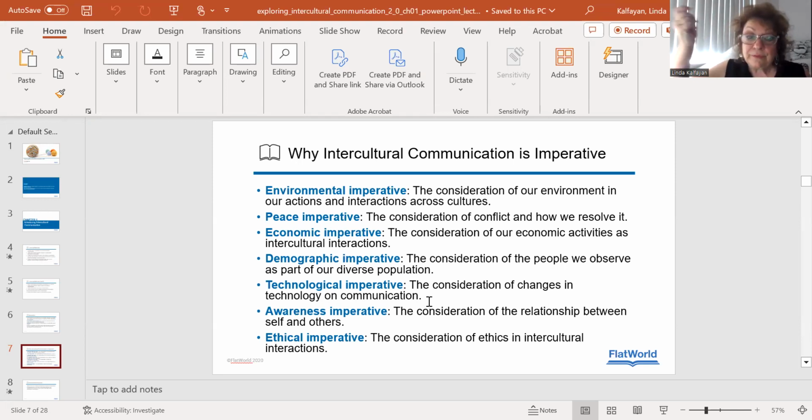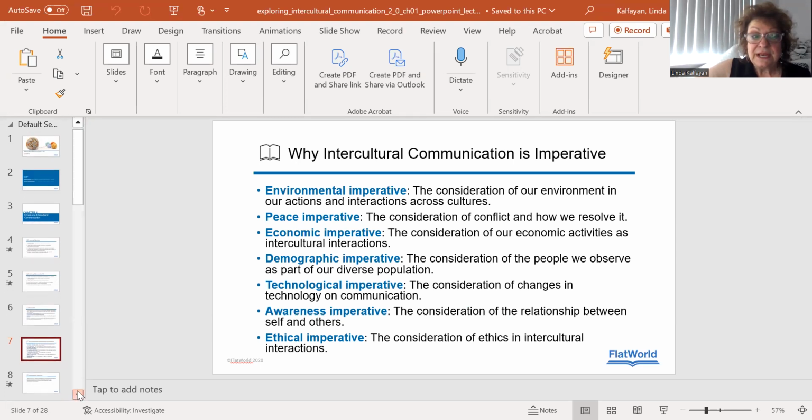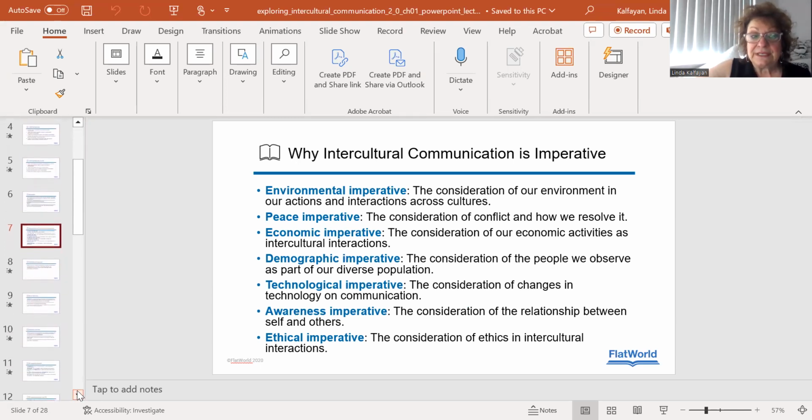So I don't know how affected you were with COVID and technology, but in public schools in the city, in the beginning, everybody was not on the same page with the advancements in the use of technology. Awareness imperative, the consideration of the relationship between self and others. And that's important. Again, that's probably your lead into understanding communication in contexts.